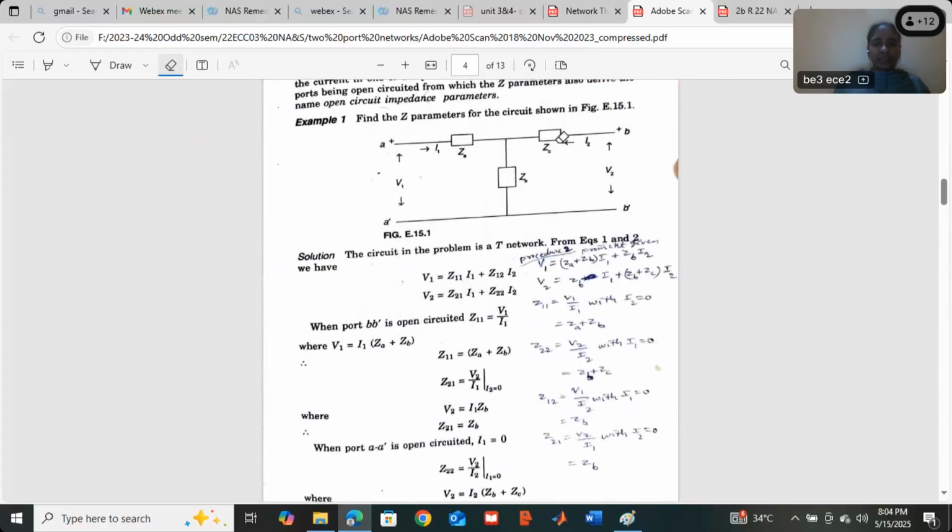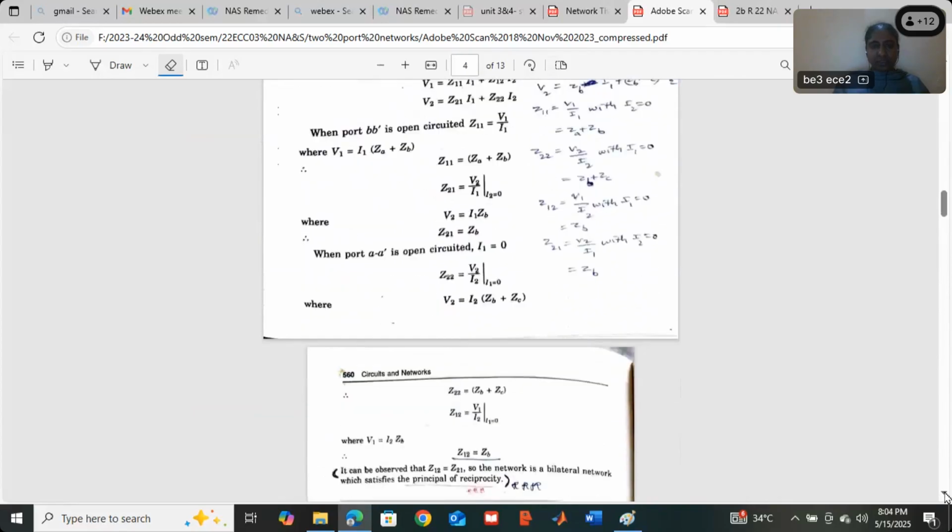Next, what about Z12 and Z21? If a T network is there, directly remember this information and calculate all the four values of Z. Now Z12: you can see here it is plus ZB, not minus. Z21 is plus ZB, and Z12 also is plus ZB.